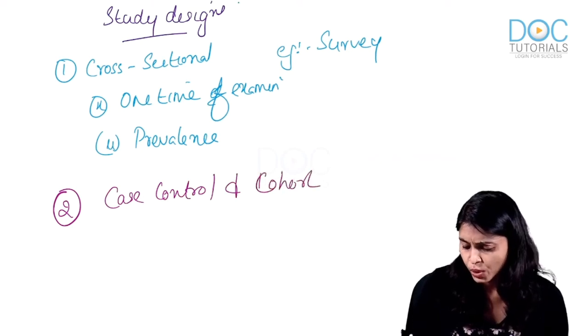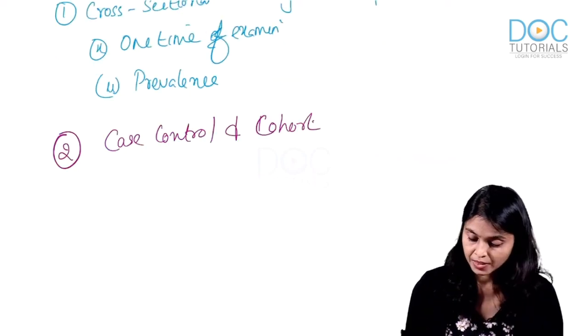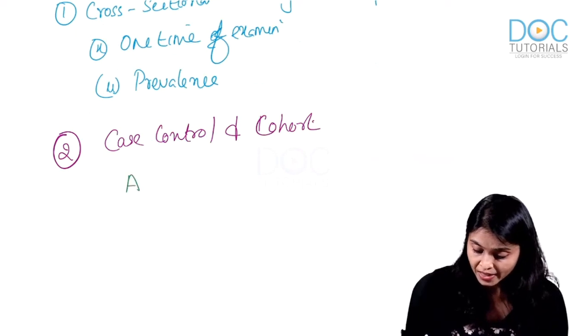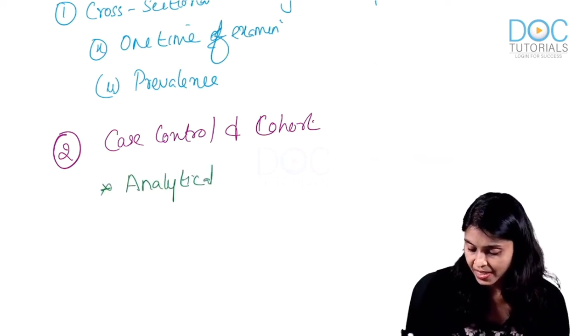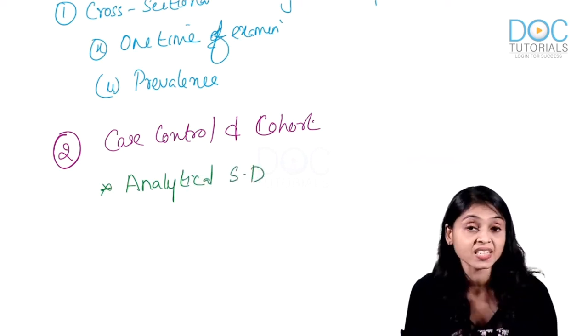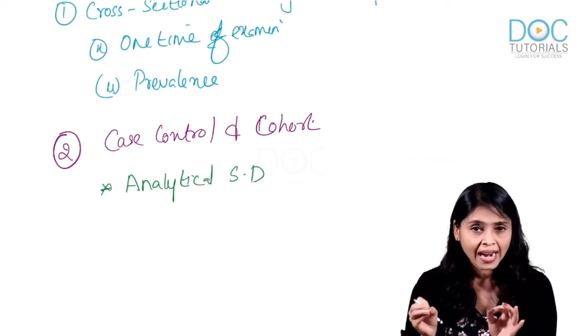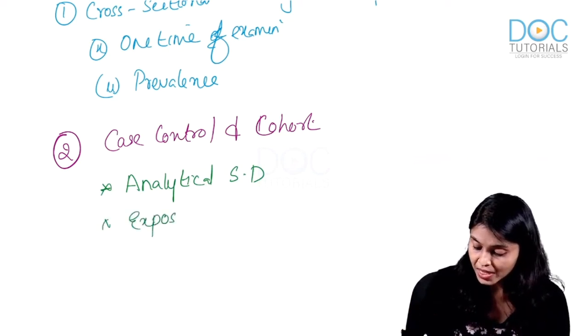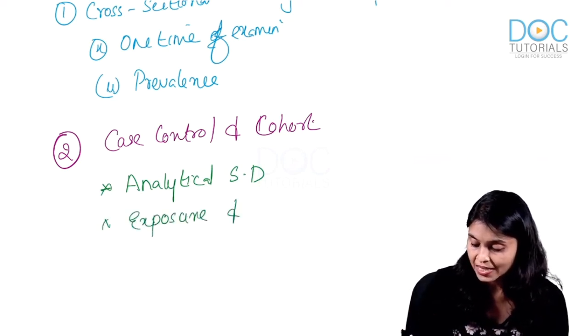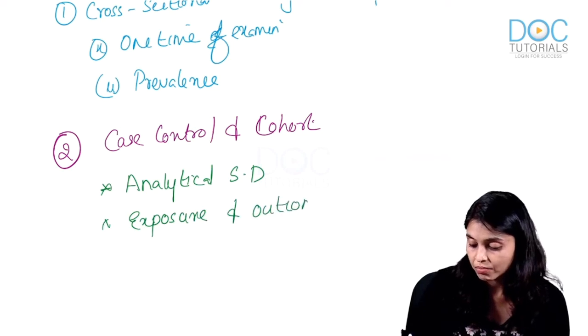Let's see few MCQs which are common to both these. First, both are analytical study designs. I'm going to write it as ST. What do you mean by analytical study design? Analytical means there is an exposure. In both these, there is an exposure and an outcome.